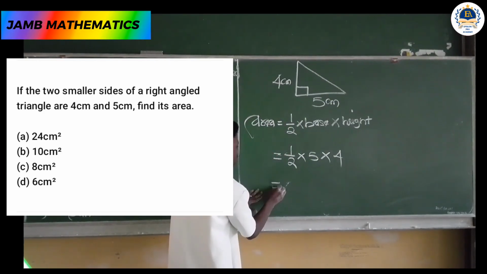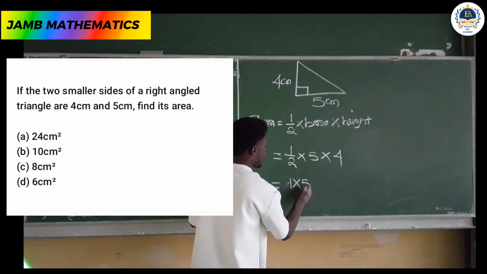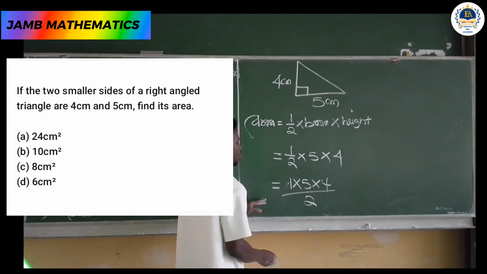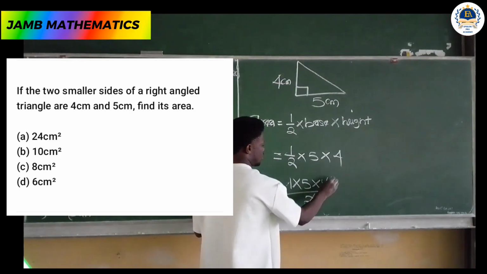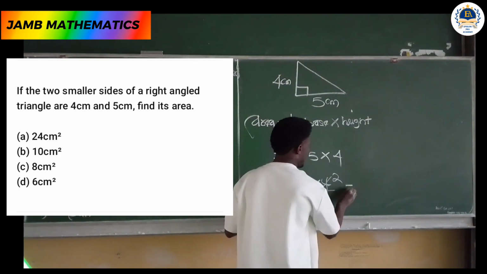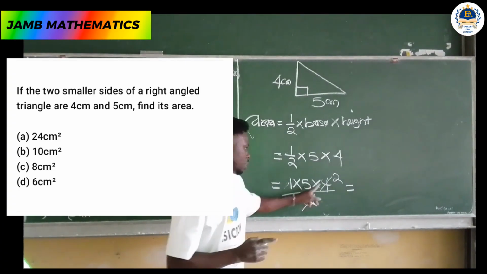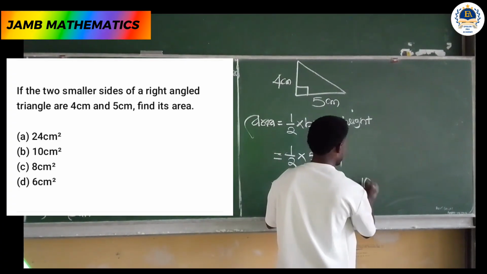So this is the same as 1 times 5 times 4, all divided by 2. Okay, 2 goes into this 2 times. So we are left with 1 times 5, which is 5, and 5 times 2 is 10 centimeters.